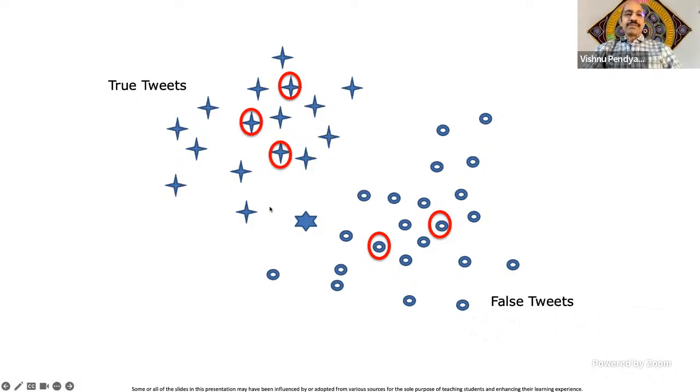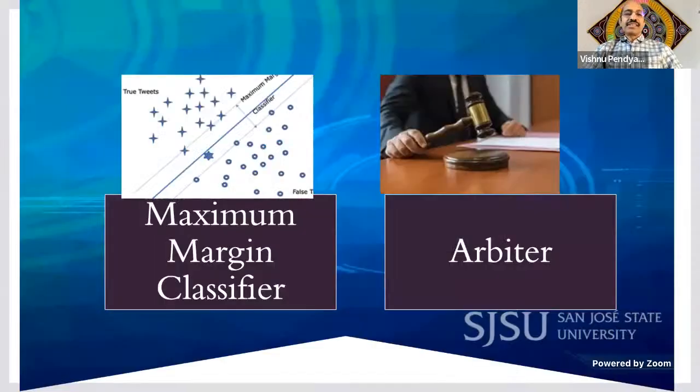So what does that tell you? That tells you that even if there are a million rows in your data set, and if there are only 5 support vectors, all we care about is the 5 support vectors. We don't care for any of the other data points. In terms of an analogy, you can think of the maximum margin classifier as an arbiter.